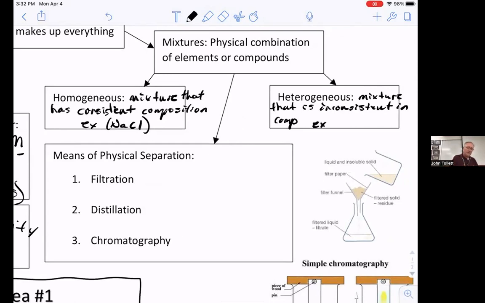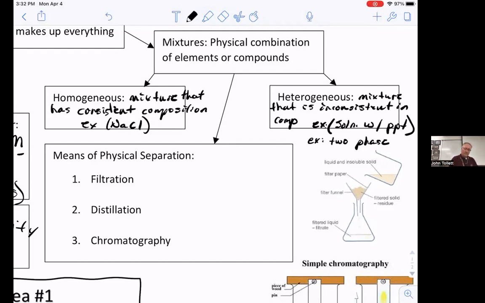For an example here, I'll say a solution with a precipitate, or something that has more than one phase. So there's another example, 2 phases. It could even have more than 2 phases, but with oil and water, you would have 2 phases of liquid.